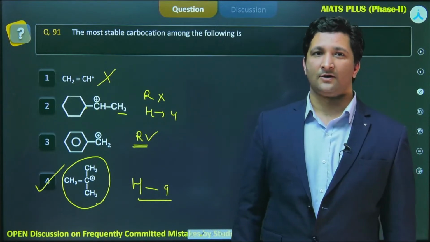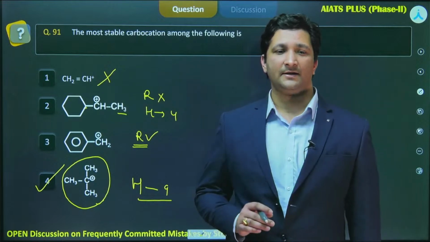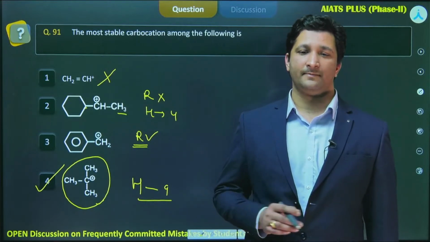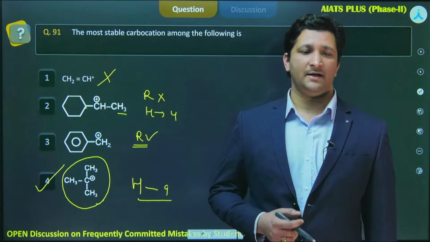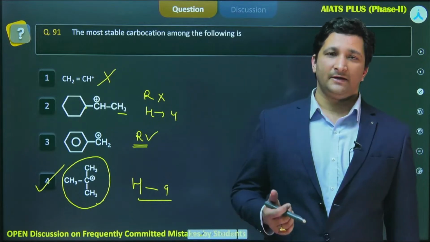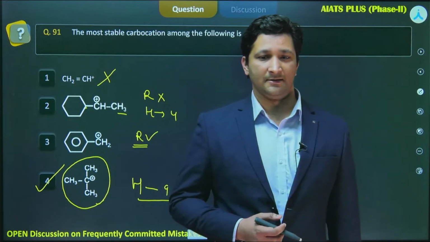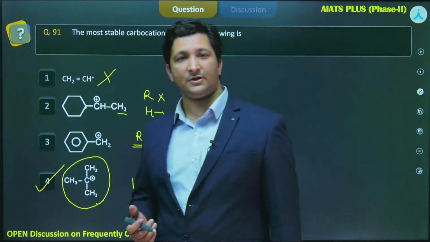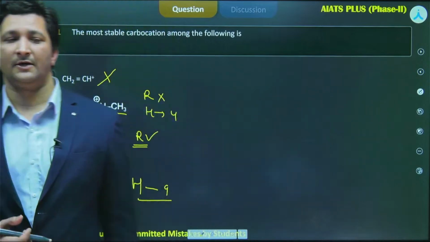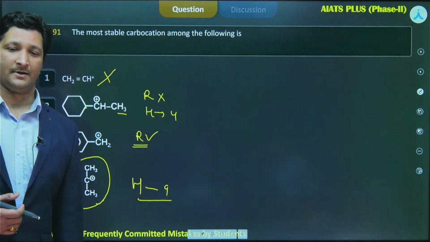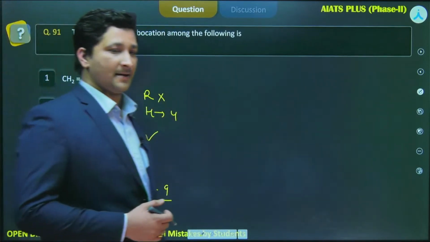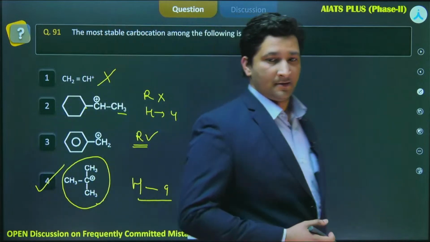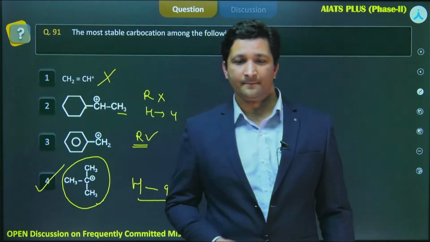Such kind of questions are also asked, which effect is temporary and which effect is permanent. Exactly, very good. It's a permanent effect, that's why it is affecting the stability. In fact, resonance is also a permanent effect. So both the effects involved here are permanent. Yes, electromeric is temporary.